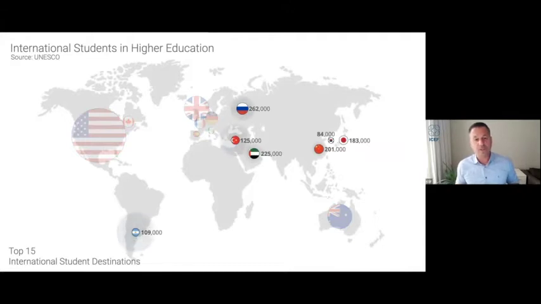Group 1 includes Argentina, Turkey, Russia, United Arab Emirates, China, South Korea, and Japan. What these study destinations have in common is that they have mainly been regional study destinations thus far. Industry specialists do expect that the appeal of these destinations will continue to grow even beyond their respective regions.